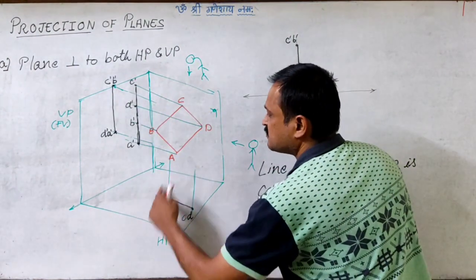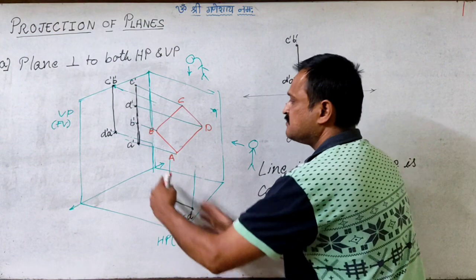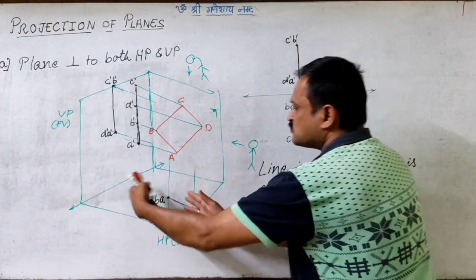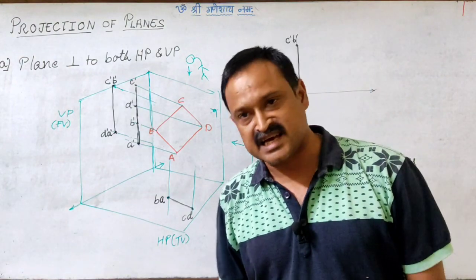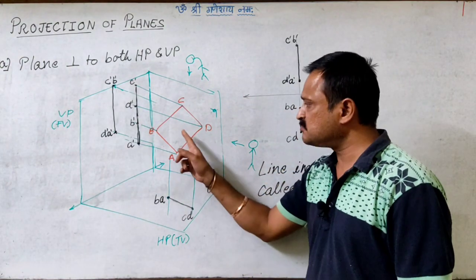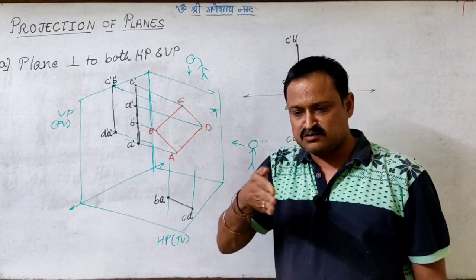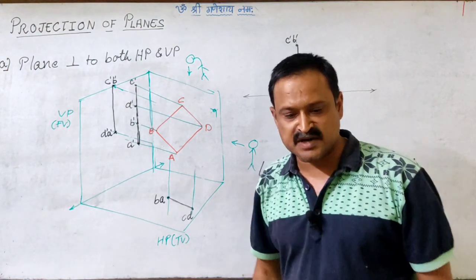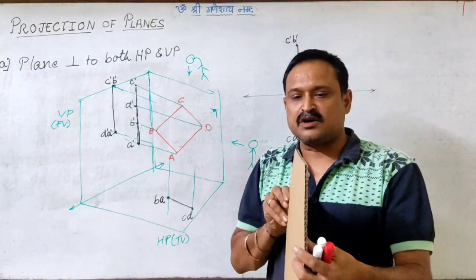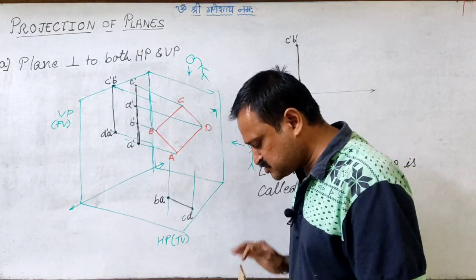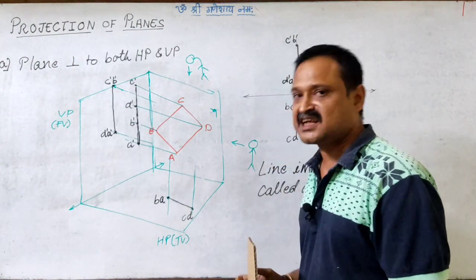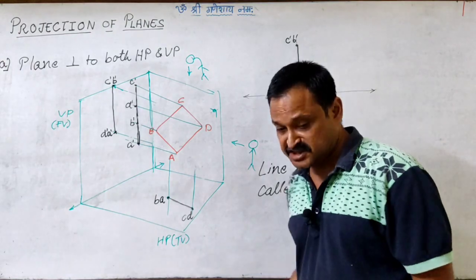All the projectors of A, B, C and D will be separated, so we will be getting a different length. Though the image will remain a line image because the plane is perpendicular to the horizontal plane as well, right? So when I am looking at it from the top, I am able to see its line image, but the trace length is going to change.